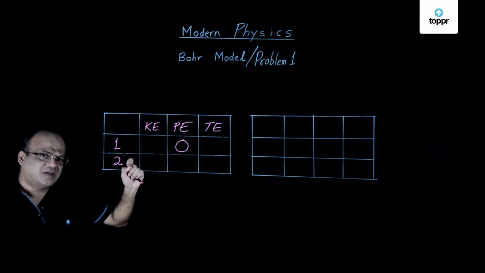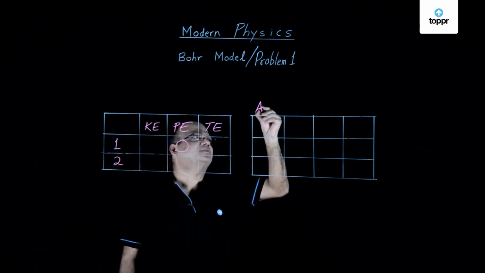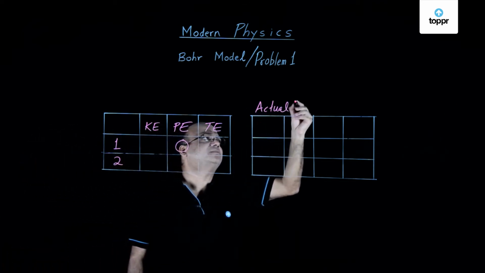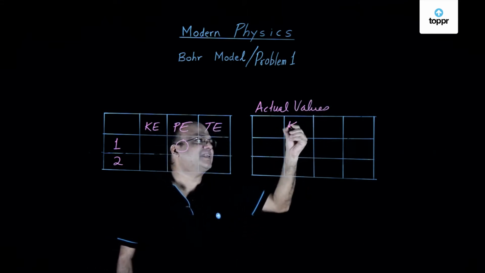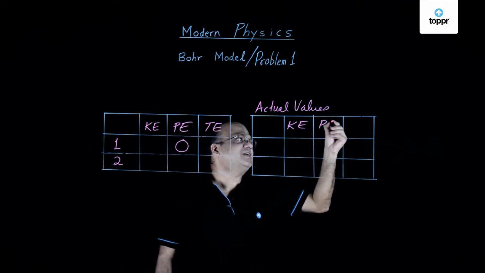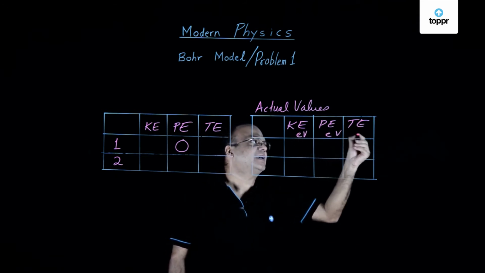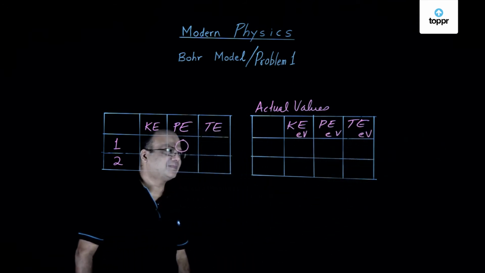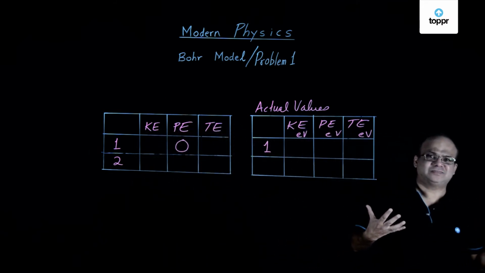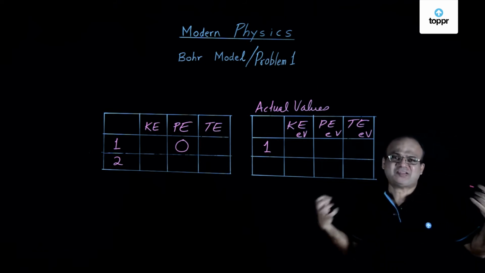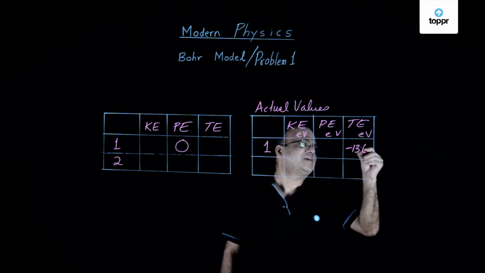So first we think of actual values. What are the actual values? In electron volt of kinetic energy, potential energy and total energy, all in electron volts. In the first orbit, what is the total energy? Minus 13.6 electron volt, right? E1 is equal to minus 13.6 electron volt.